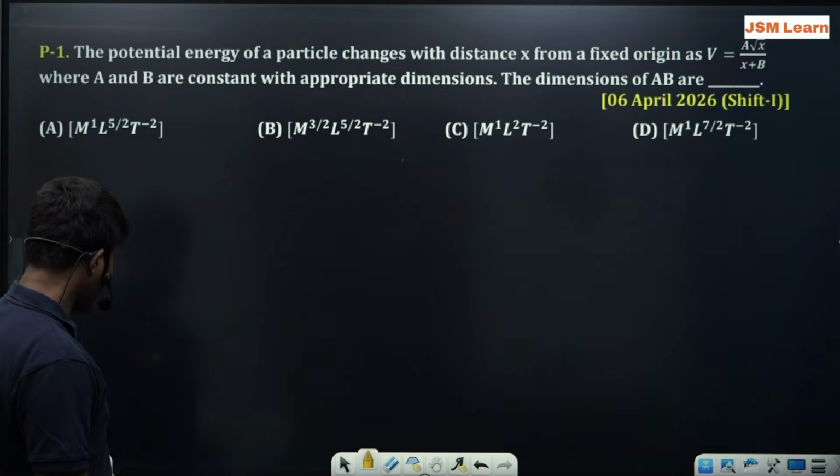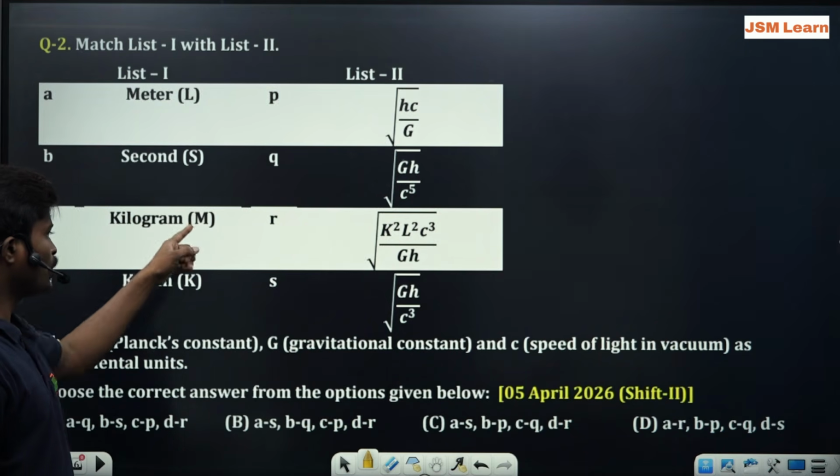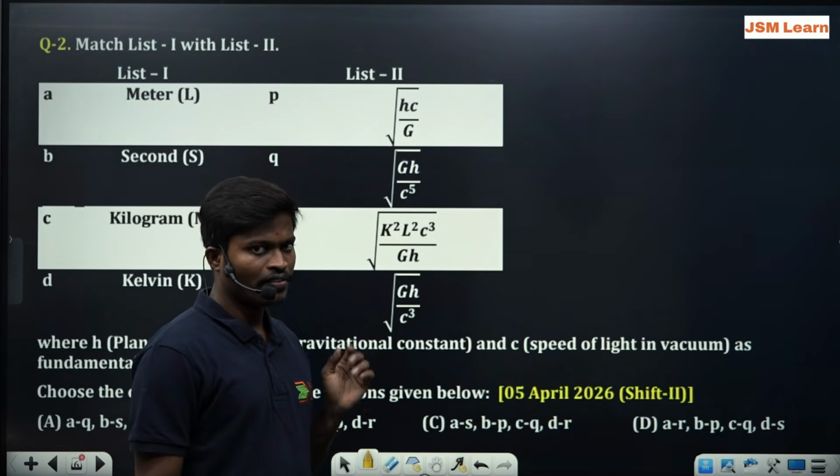So if you go to the next question, in list 1 we have meter L, second S, kilogram M, Kelvin K. In list 2 we are given the different quantities.